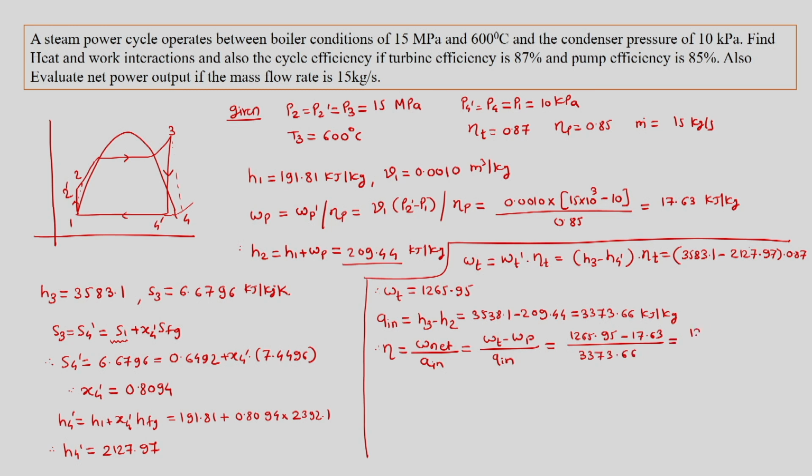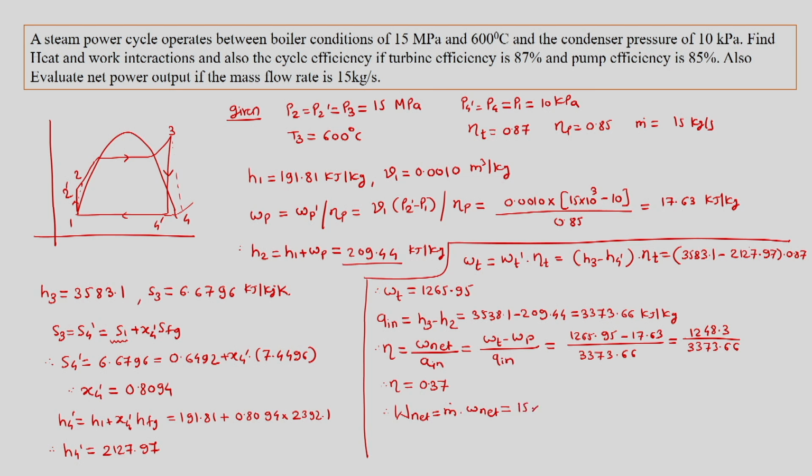So W net is 1248.3 divided by 3373.66, and this gives us cycle efficiency as 0.37 or 37%.